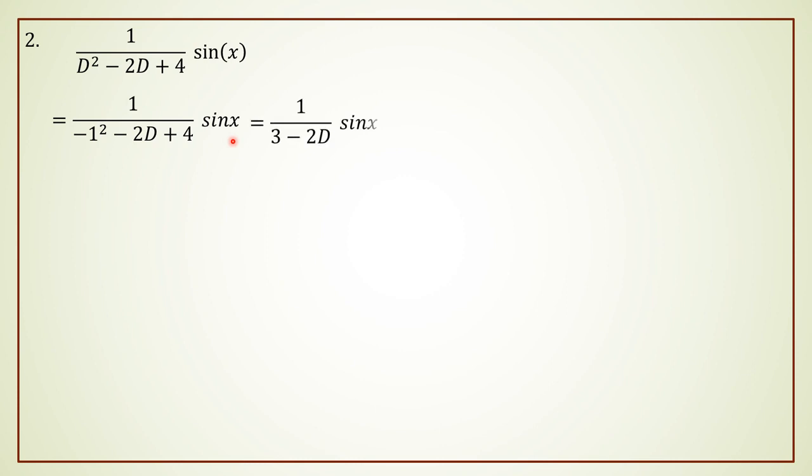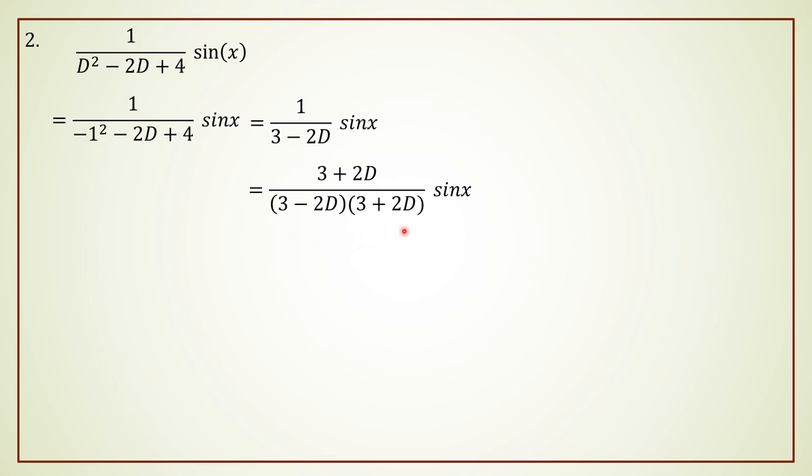So you have 1 by, 4 minus 1 is nothing but 3, so 3 minus 2D acting on sin x. Let me rationalize it by multiplying and dividing by 3 plus 2D. So I have 3 plus 2D divided by 3 minus 2D into 3 plus 2D.